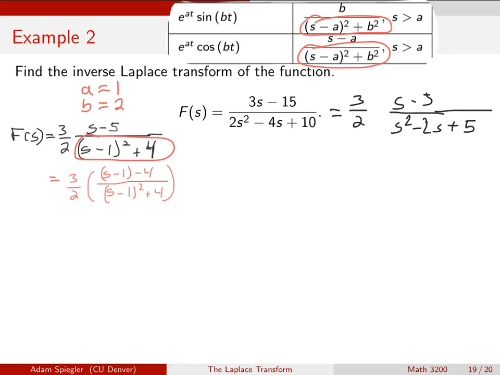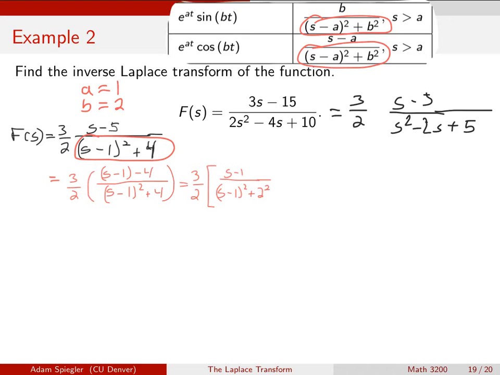So I just took that minus 5 and broke it up because now what I have is an s minus 1 over (s minus 1) squared plus 2 squared, which is exactly what I want if I want to use the inverse Laplace transform of the exponential times the cosine.